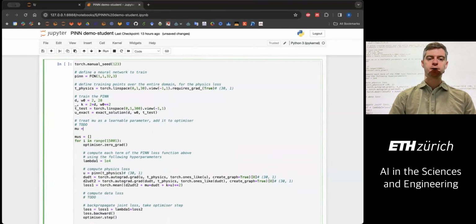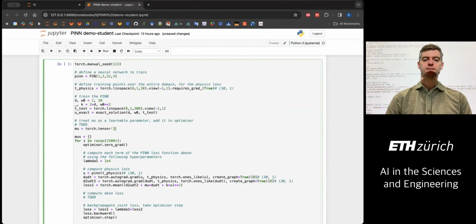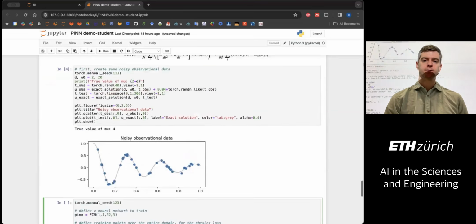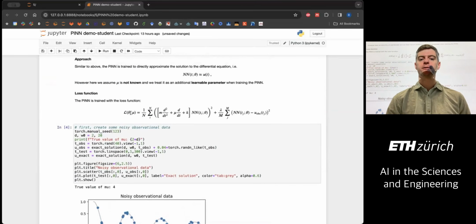So we have to start with an initial guess of what mu is. That's how we start the gradient descent algorithm. So I'm just going to start with an initial guess that mu is 1. Coefficient of friction of 1. Now in my loss function, I'm going to need the gradients of the loss function with respect to mu to be able to update it.